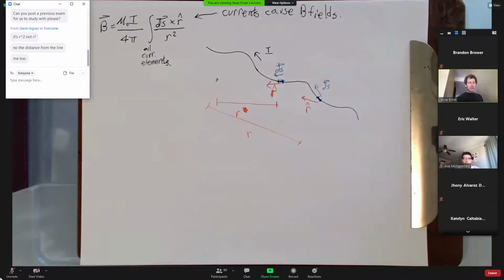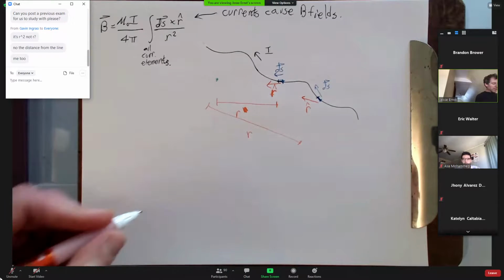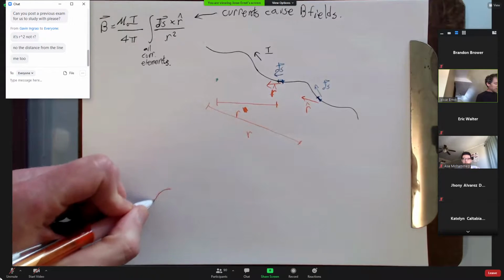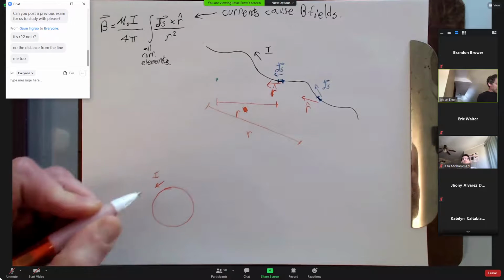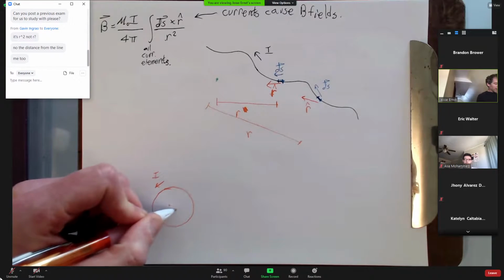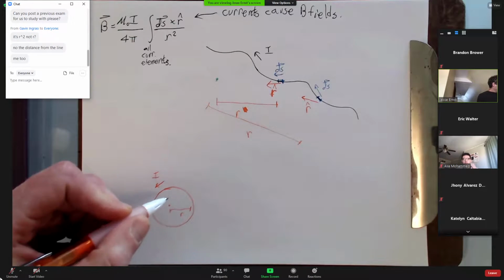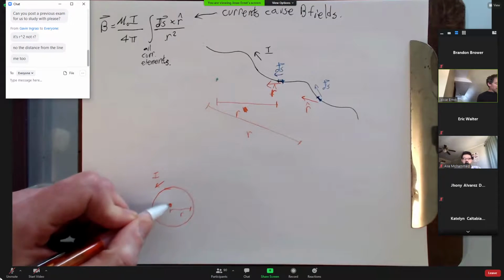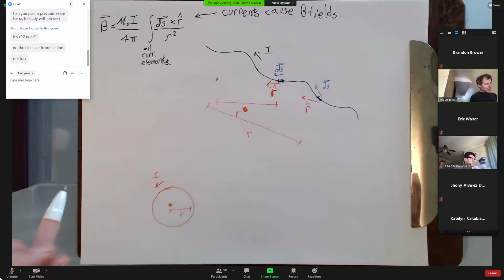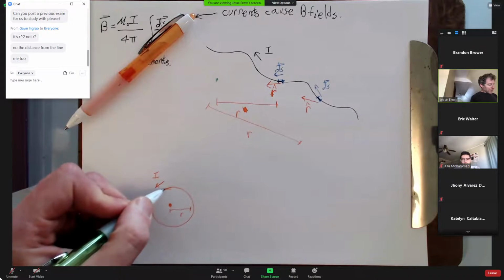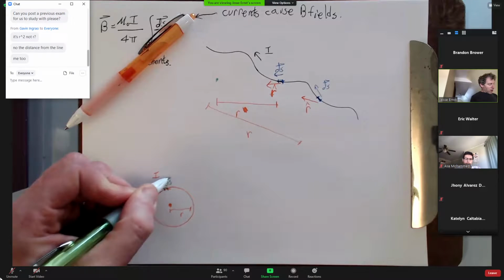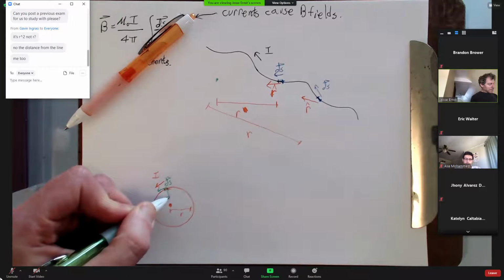And so we did a couple examples. I don't want to redo this one. The first example we said there was a current I in a wire of radius R, and we found the B field at this point at the center. The one thing I do want to review is that if you look at this current element here, ds vector points that way, R hat points this way.